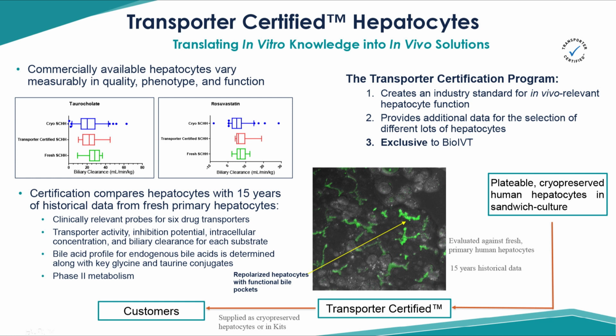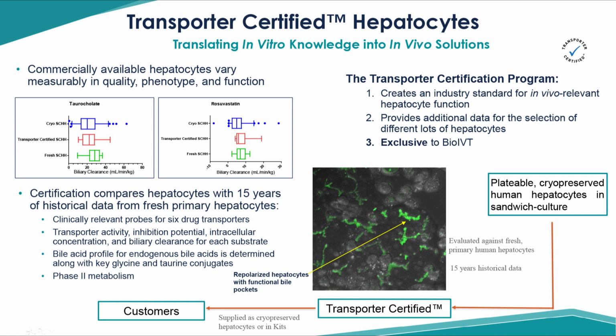And this turns out to be very important in toxicity measurements, because all of those bile acids have differing degrees of hepatotoxicity. So you need the right ratios of the 6 different bile acids, but you also need the right ratios of the glycine and taurine conjugates. And so we've optimized our culture conditions and medias so that they give the correct ratios of all of these bile acids. And then in addition, we do some characterization of phase 2 metabolism.